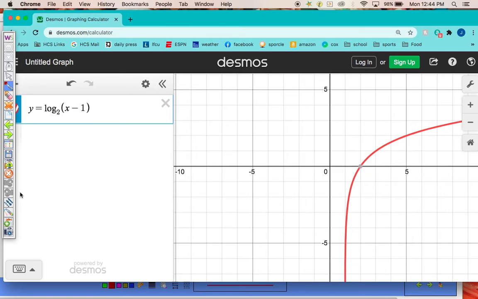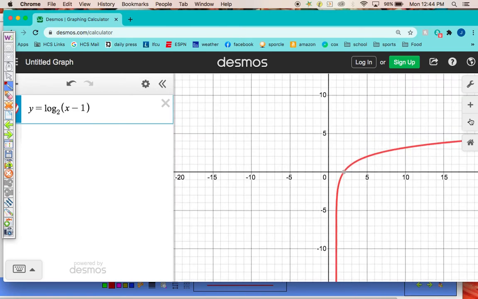All right, looking at this one, let me zoom out a little bit. As I follow this graph, let me see if I can get it to work. It looks like as I just go along, if it's going to let me, maybe it'll make it a little better.